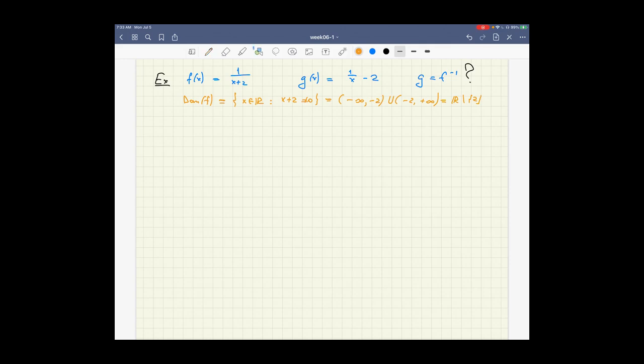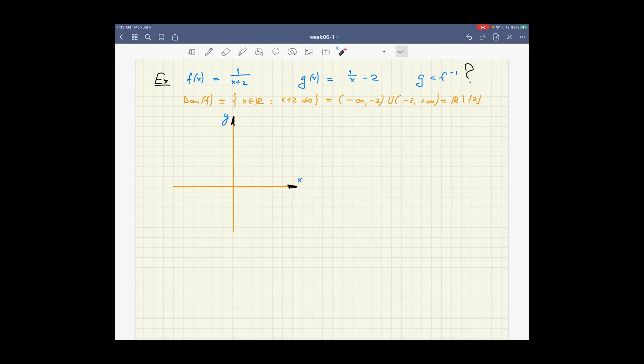What about the graph of this function? Can we apply the horizontal line test? How does the graph of this function look? We know 1 over x is a hyperbola.